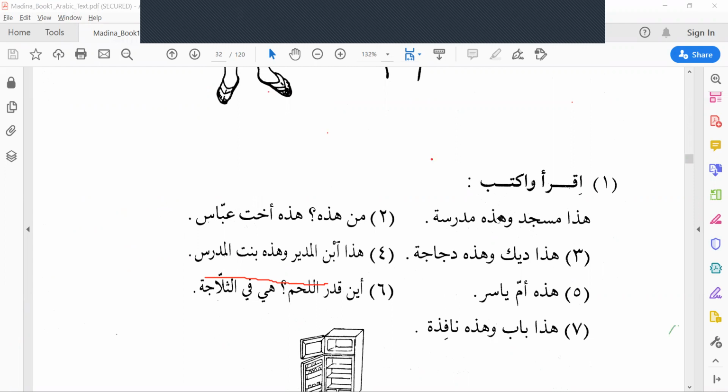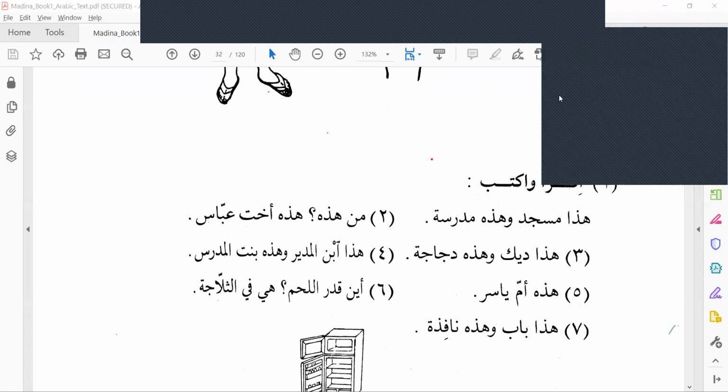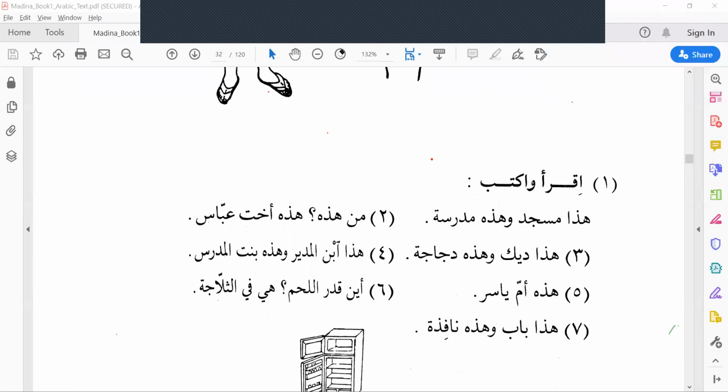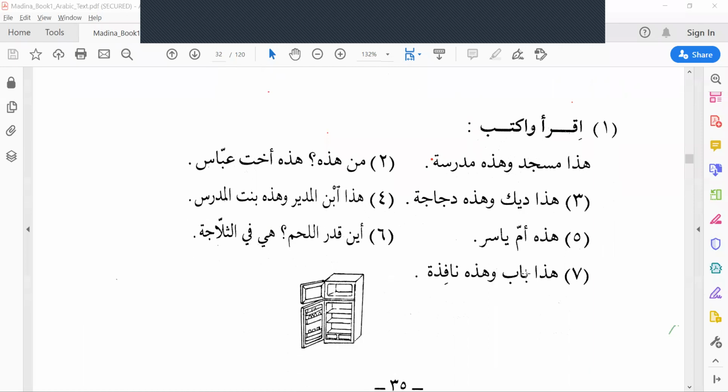Most of the lessons will refer to the rules from lessons 1, 2, 3. If you don't do the practice here, then you will have difficulties learning those lessons. Okay, you have to read and write this.